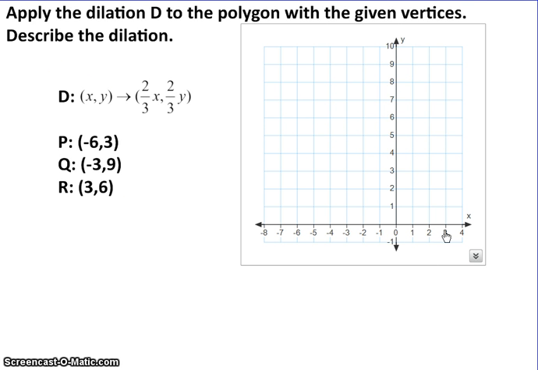Alright, so let's try this one. This time the scale factor is 2/3. Since it's less than 1, we know this to be a reduction. So let's go ahead and multiply all of our x's and all of our y's by the scale factor 2/3.